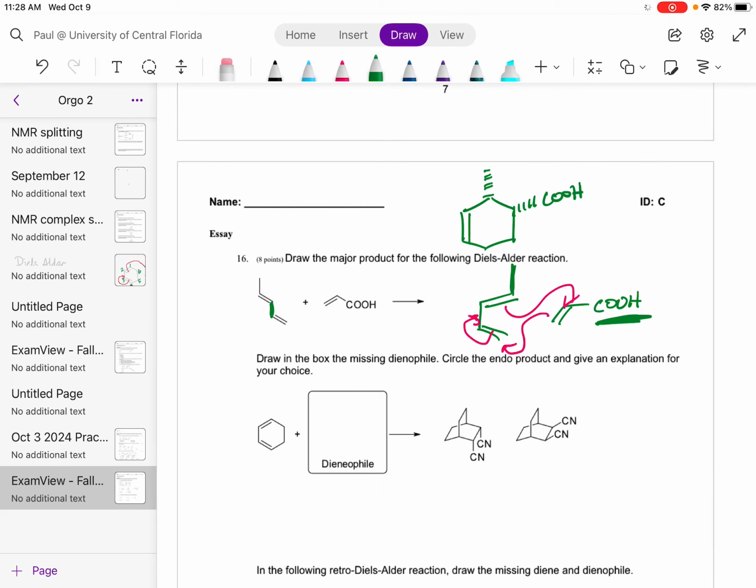So like that. Remember, the endo group and the electron withdrawing group are going to be on the same side of the product. And then you would also get the enantiomer there. So that's the product.